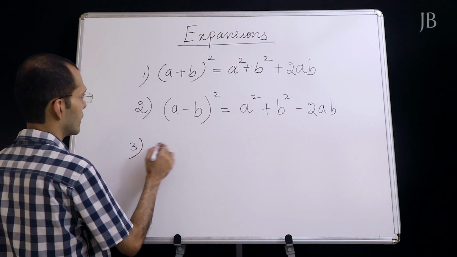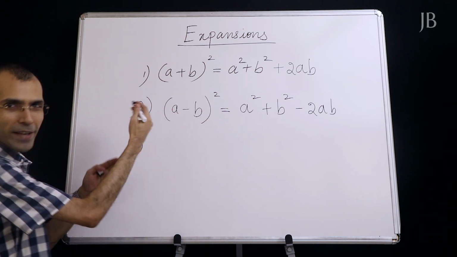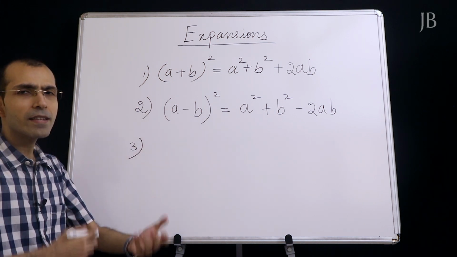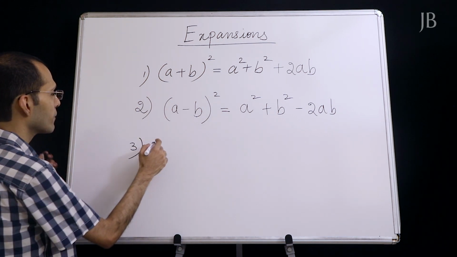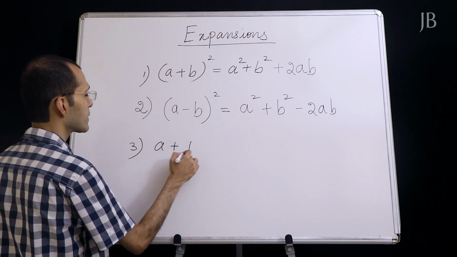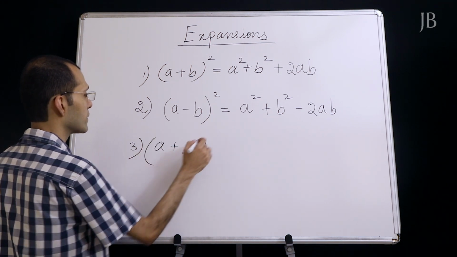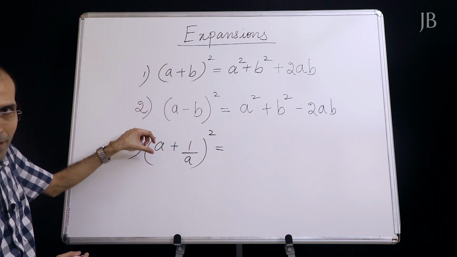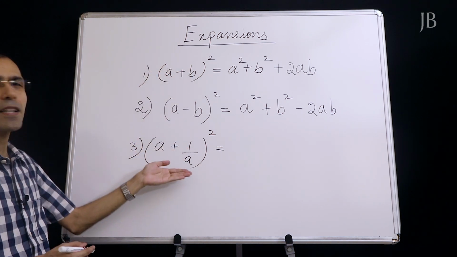Third one, we'll take now fractions. So these two are the base formulae. You can easily develop the formula in case there is a fraction. (a + 1/a) the whole square. Imagine now this is your a, instead of b it is 1/a.